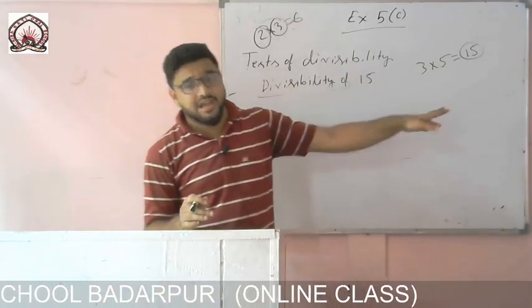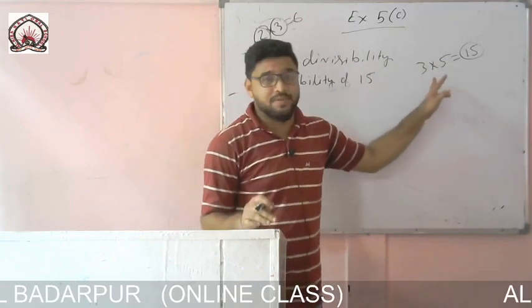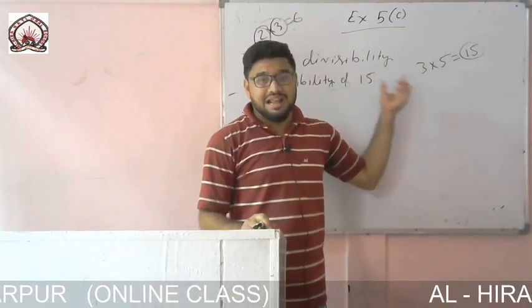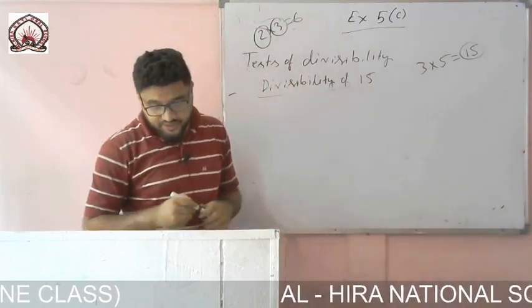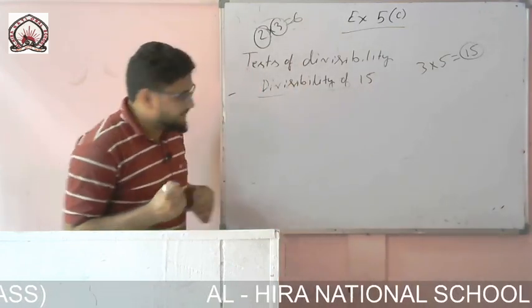Then we have to again check whether the number is divisible by 5 or not. If the number is divisible by both 3 and 5, then the whole number is divisible by 15. So let us take an example.